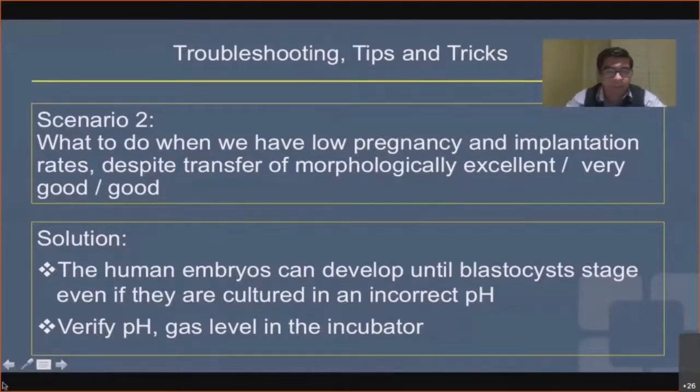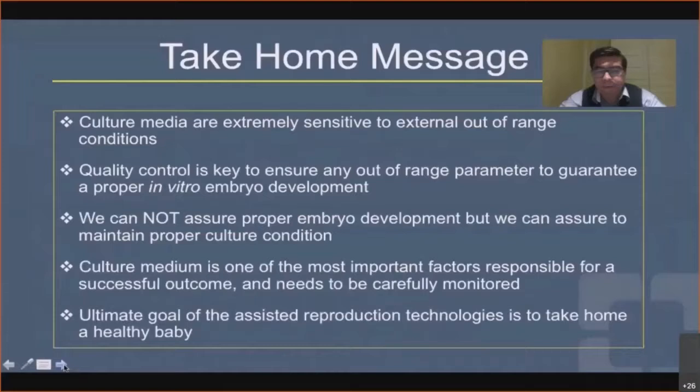So finally, for the take-home message, I would like to highlight that the culture media is extremely affected by external out-of-range conditions. Quality control is key to control any out-of-range parameter in order to assure proper in vitro embryo development.